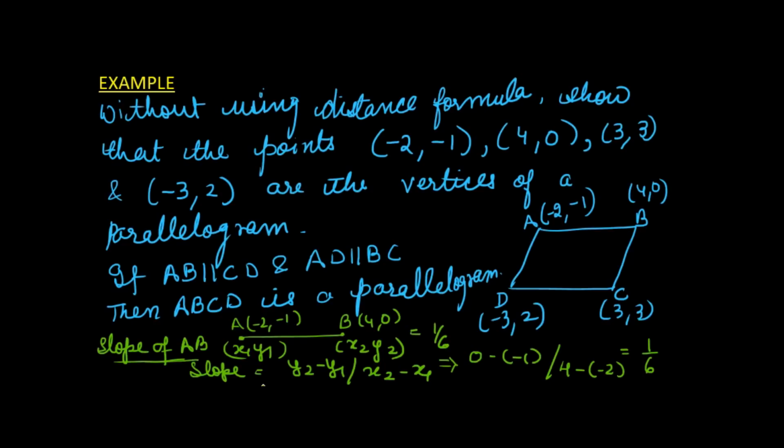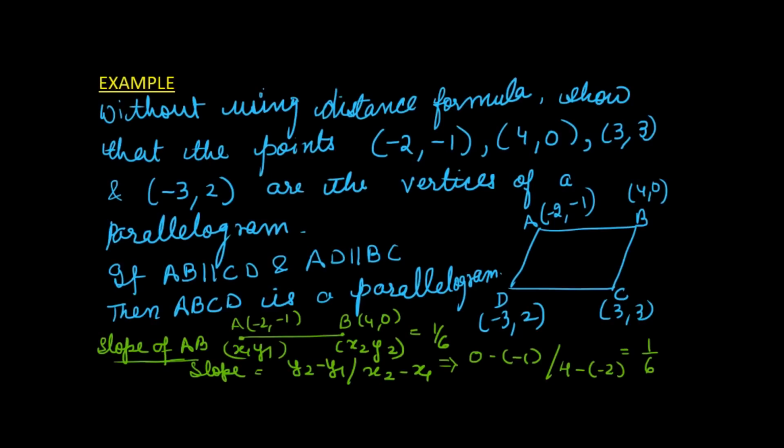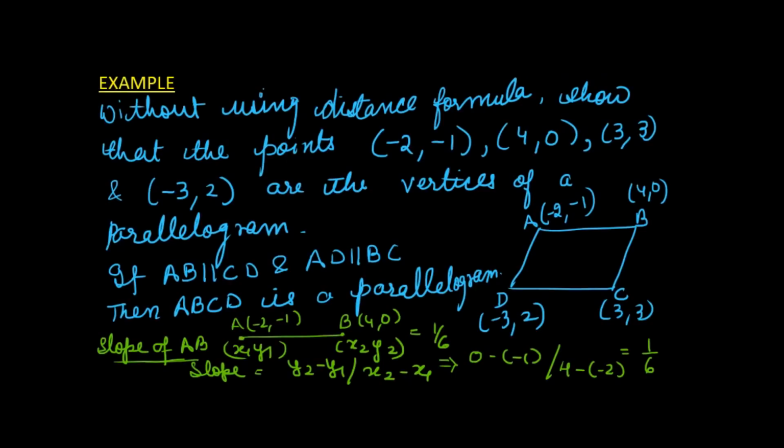Now we have to find the slope of CD. Let me draw the quadrilateral again. Okay, the coordinates are -2, -1, 4, 0, 3, 3, and -3, 2.